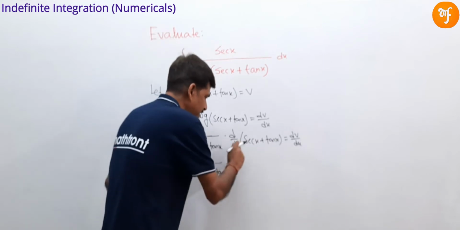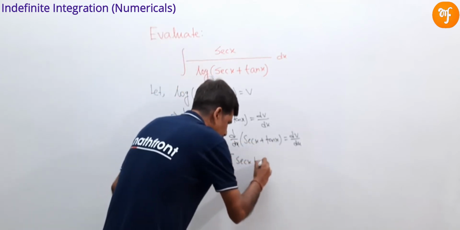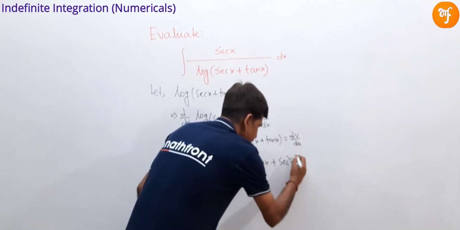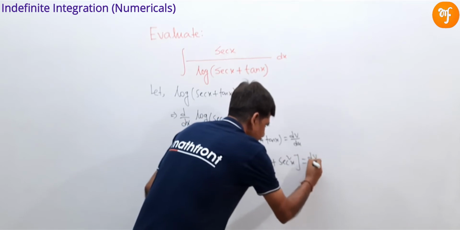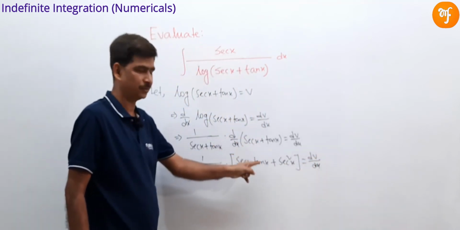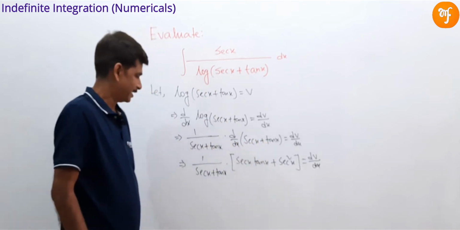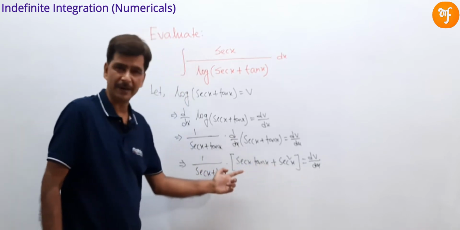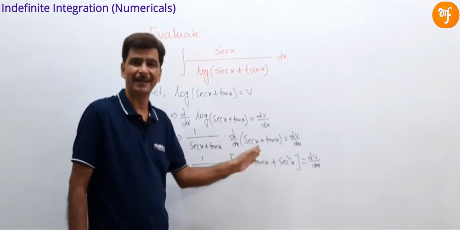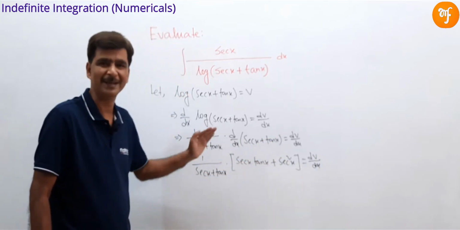So we are writing sec x into tan x plus sec square x is equal to dv/dx. Now, if we take sec x common from inside this bracket, then inside the bracket it will be tan x plus sec x, and that tan x plus sec x and this sec x plus tan x will be cancelled out.